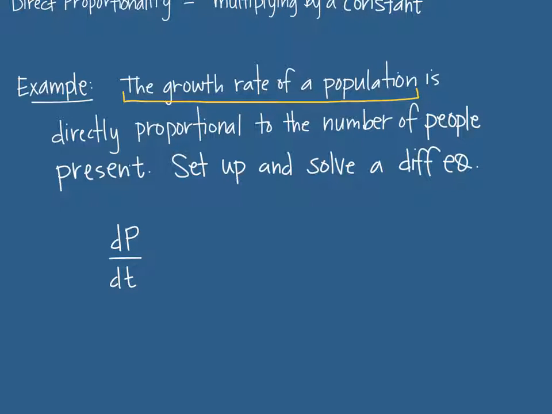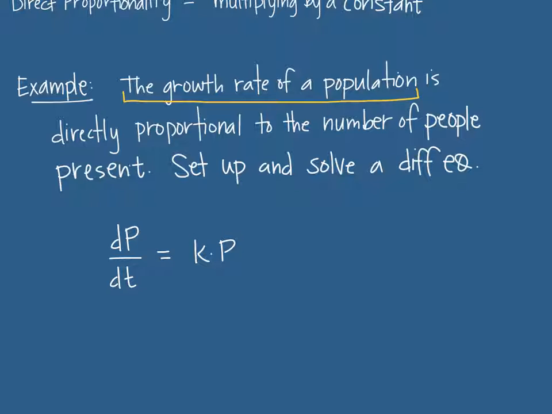The change of the population over a determined amount of time is called the growth rate, dP/dt. It's directly proportional, which means there's a constant. We'll call it k. We don't want to call it c because we already use c for something else. So we'll use k. And it's directly proportional, which means multiplied by a constant, to the number of people present itself. So what variable would represent the actual number of people? P. Okay, so there we just set up our differential equation.